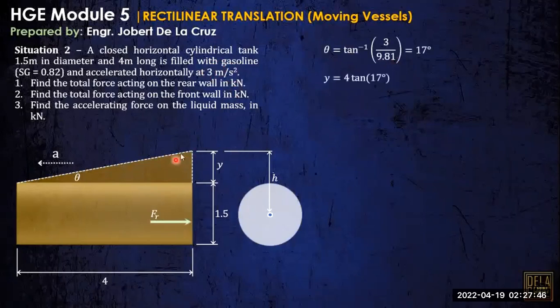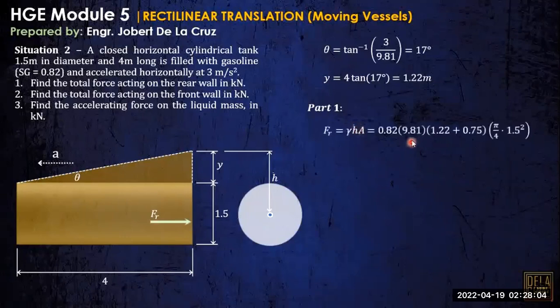Then, the Y here, considering this right triangle, that is just 4 tangent of 17. Okay, we have this dimension here, 4. Then, we have the value of Y. Then, we can just directly solve our force here on the rear wall. Gamma barred H area, so gamma of the oil, Sg times gamma of water, barred H is 1.22 Y plus half ng 1.5 or 0.75, multiplied by this area, and that is 28 kilonewtons.